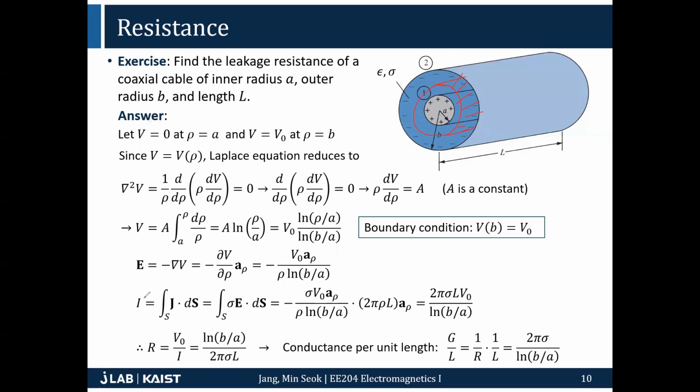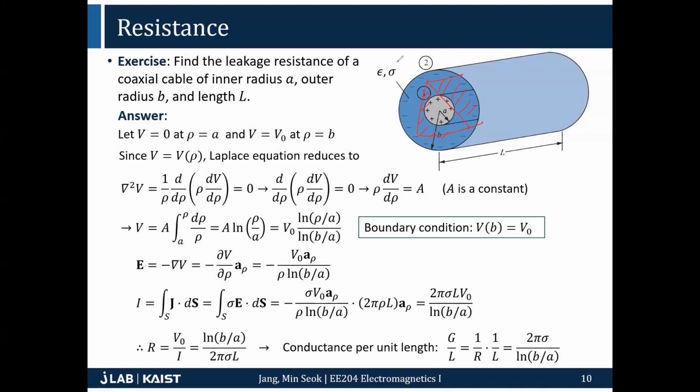But it doesn't matter which type of surface you choose. For instance, you can choose this type of surface and then calculate the current flow passing through it. But then the problem would be more complicated, though the answer would be the same.